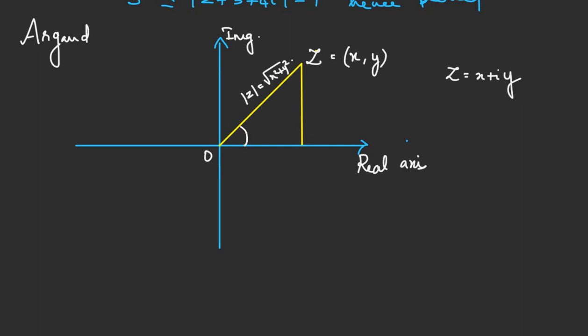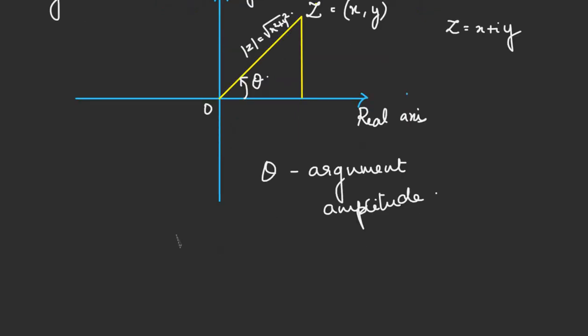This angle theta from the positive side of the x-axis is called the argument or amplitude. The value of theta will be tan inverse of y by x, if z is equal to x plus iy and z is not equal to 0.